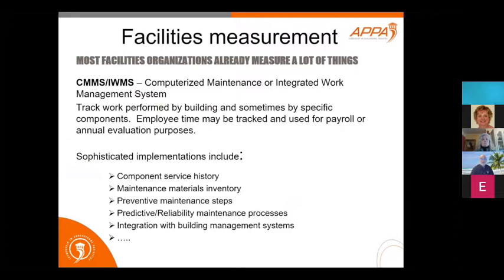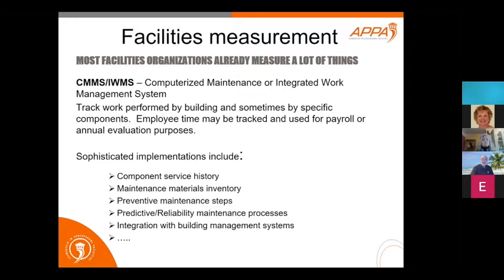This software is used to track work that's performed, and sometimes it looks at specific components. So sophisticated users will have component information, component maintenance history, and they'll know how much they've spent taking care of a building, an individual part of a building, a system within a building, and they'll use it for decision points, particularly if they apply it to something like the total cost of ownership.